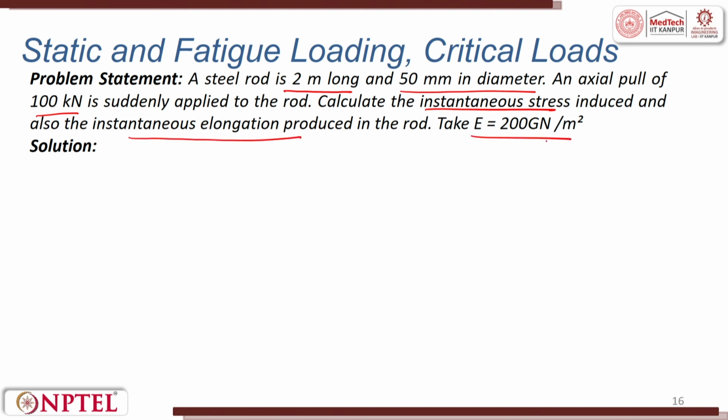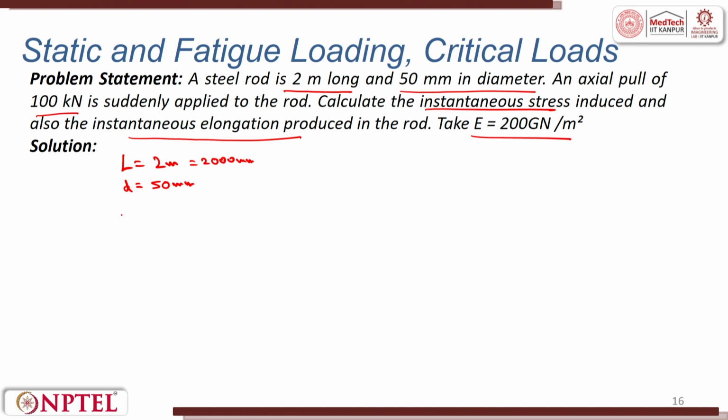Here you have been given length equal to 2 meters. If you convert it into millimeters, this is equal to 2000 millimeters. Also, you have been given the diameter, small d, equal to 50 millimeters.